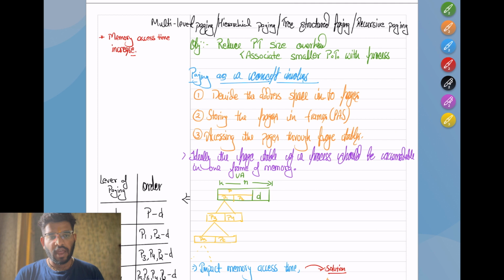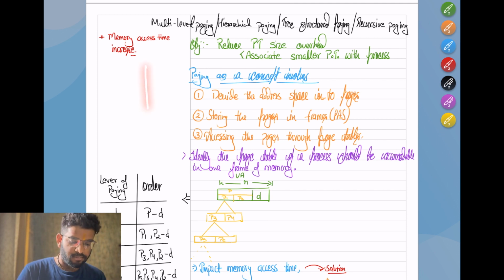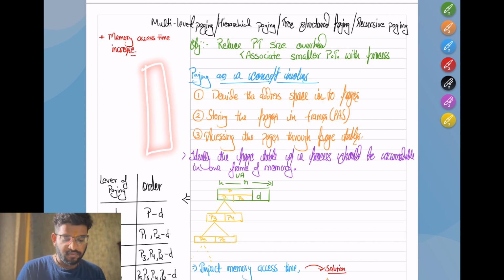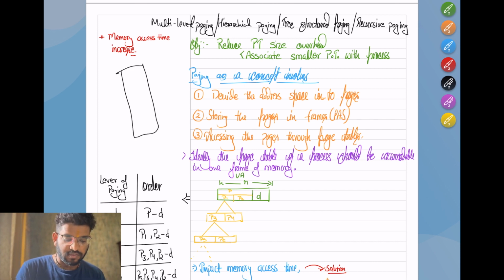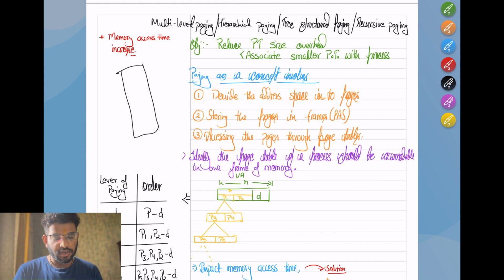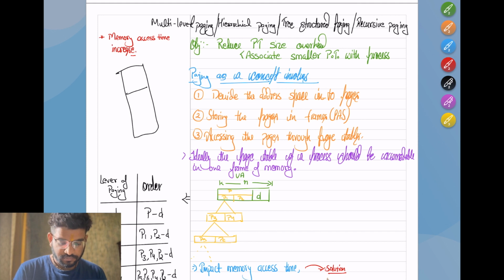So instead of a complete array of page table, we break this page table into multiple pages. It looks like this. Assume this is the page table, and it is very huge. So what we do in multi-level paging is divide this page table into multiple smaller page tables, like this and this.